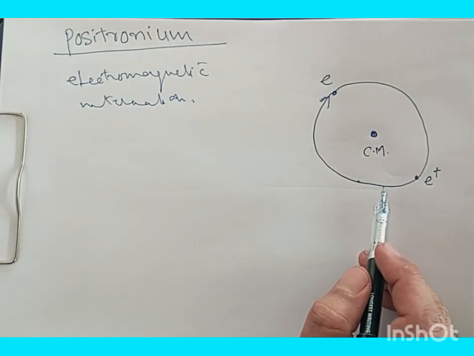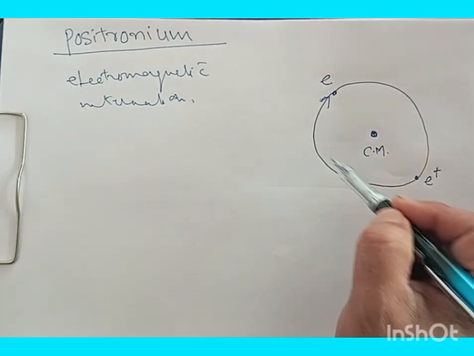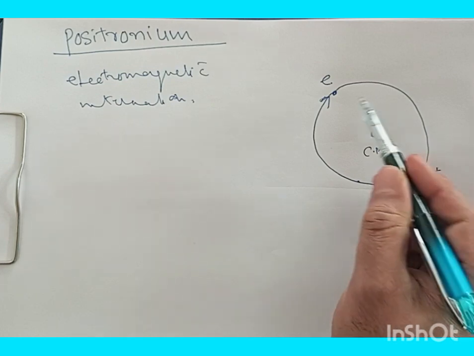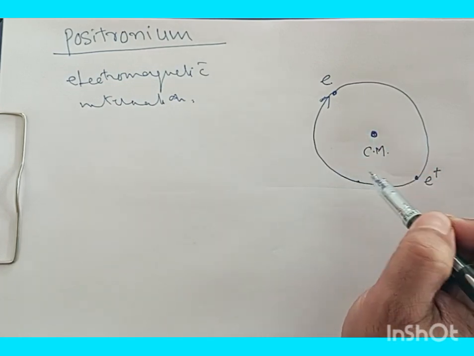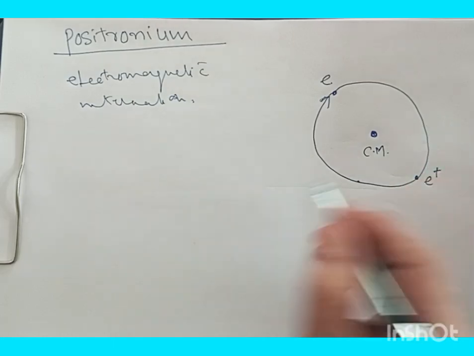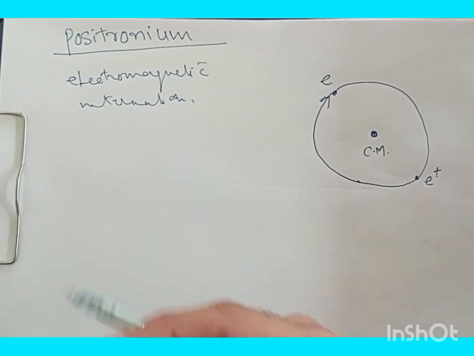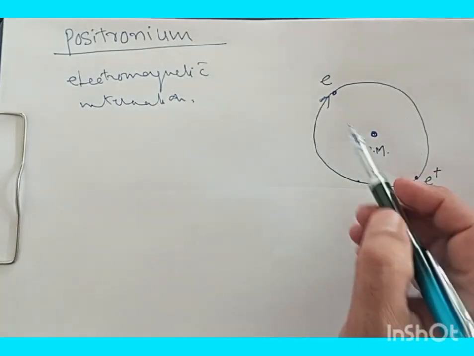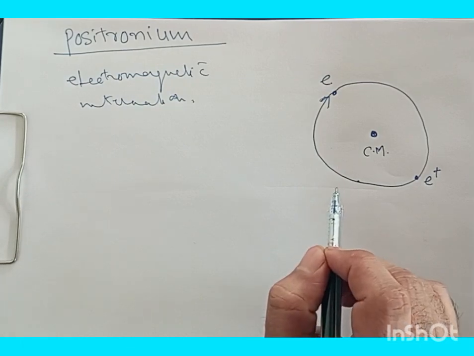The two particles, electron and positron, that form this system annihilate each other to form gamma ray photons, two gamma ray photons or more, depending on the relative spin of the electron and positron.